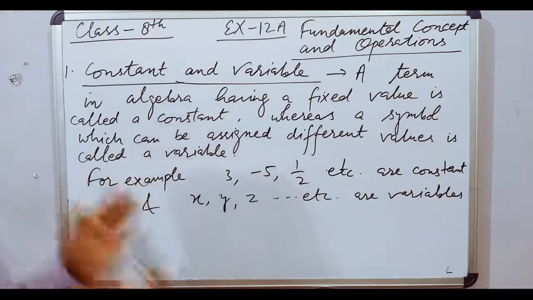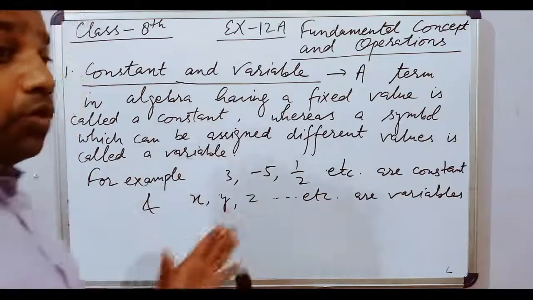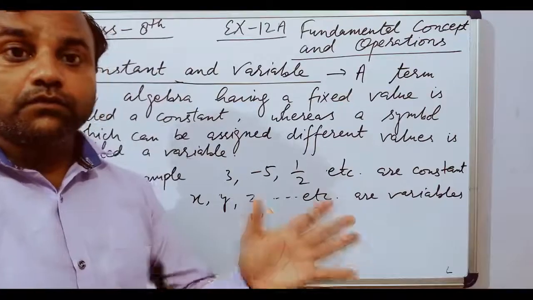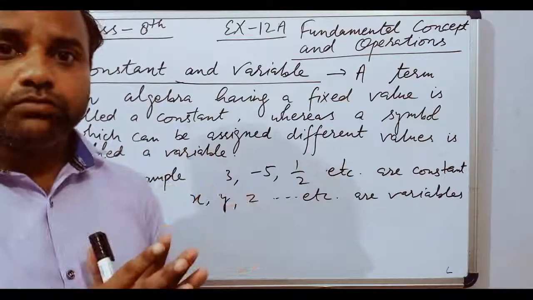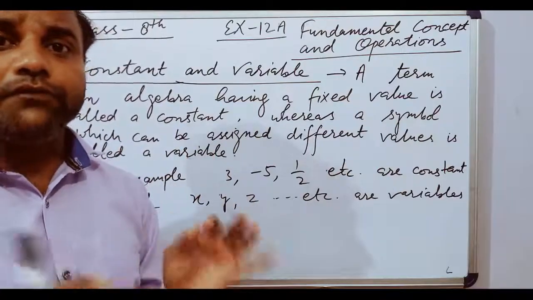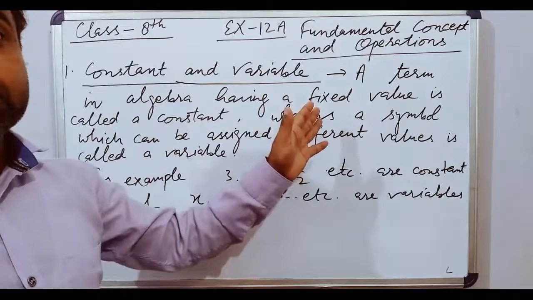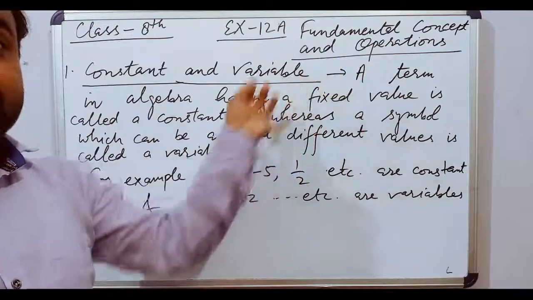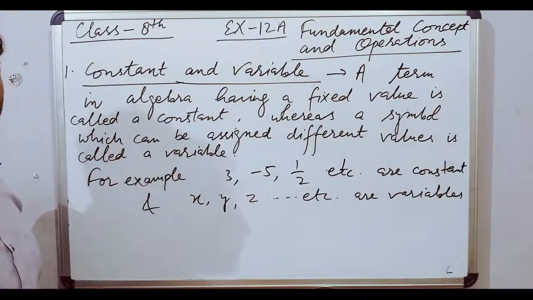which have a fixed value. For example, 4, 5, 6, 1 upon 2, 3 upon 4, these are fixed values and never change. So these fixed values are used in algebraic expressions. So these are called constants.